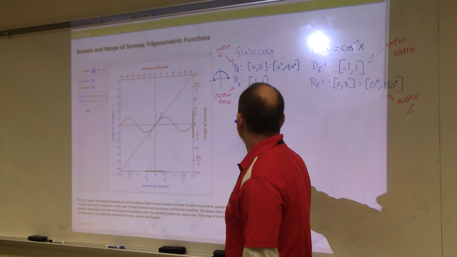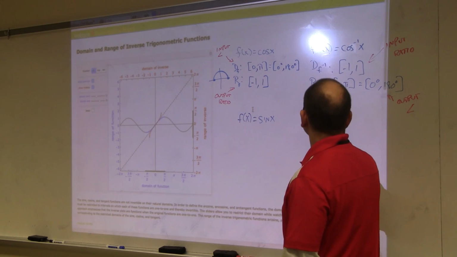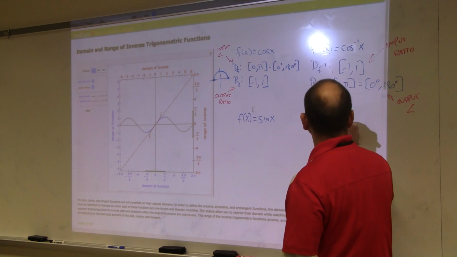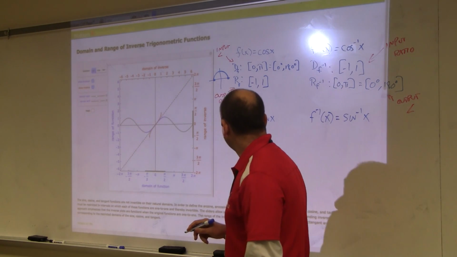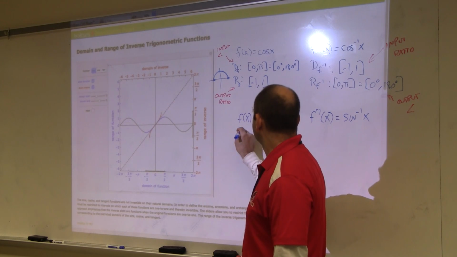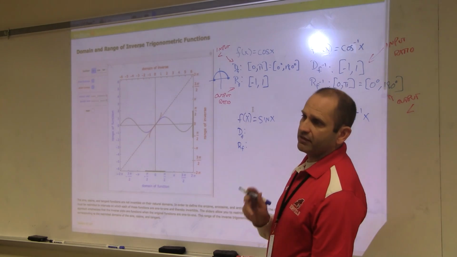So this time f of x is sine x, and inverse of f of x is inverse sine of x. Okay? And what is the domain that we came up with for the original function, and what is the range for the original function? How do we restrict the domain of the original?